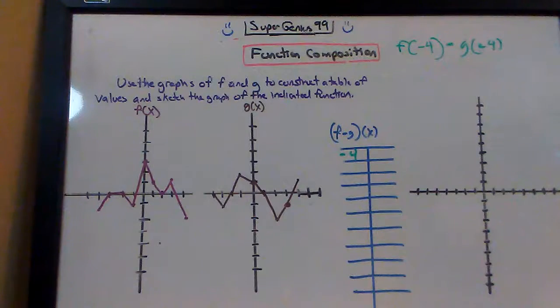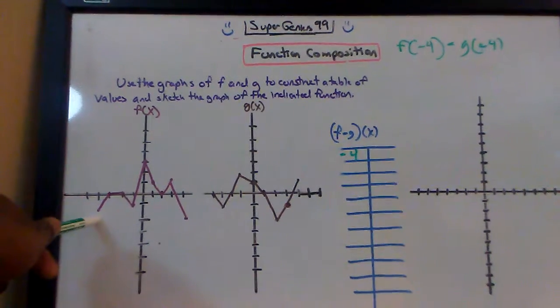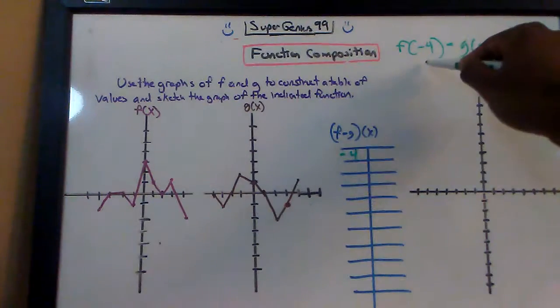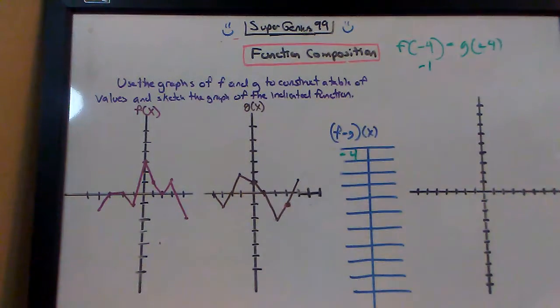So how do you do this? You go to your f graph and you say, okay, where is the x value -4? Right there. So when x is -4 on the f graph, what is y? -1. And then do the same thing for the g graph.